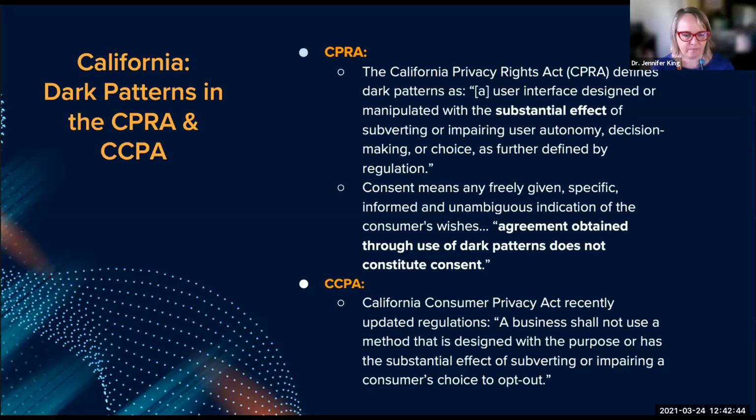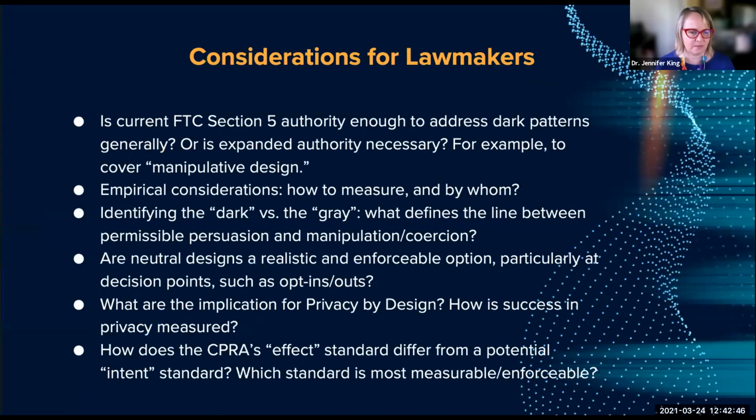Okay. So this is my last slide, but I'm going to spend a couple minutes on this before we move on. So what are some of the takeaways for regulators in this space? First question: is the current FTC Section 5 authority sufficient to address dark patterns, or do we need an expanded authority here?